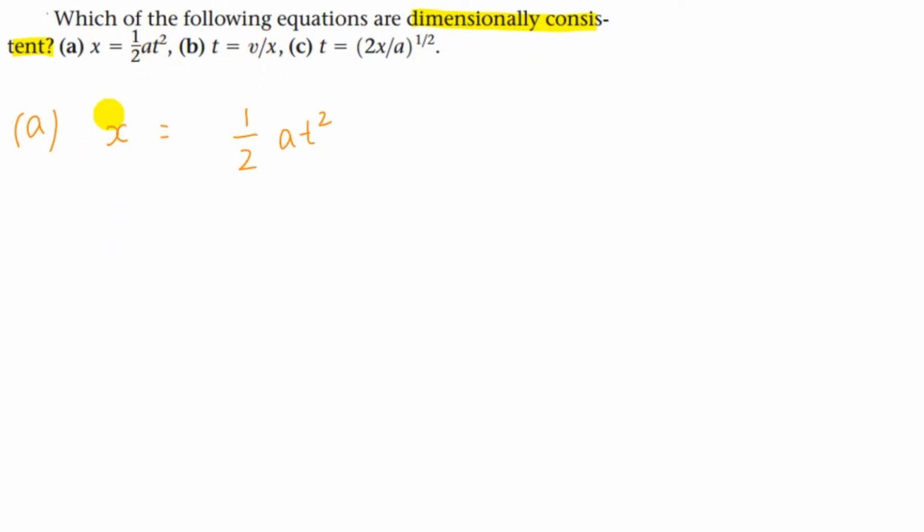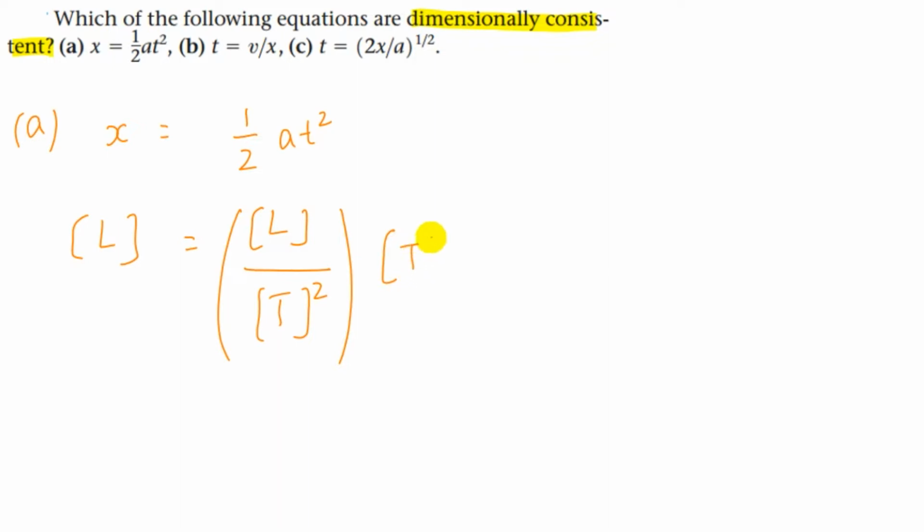So now the dimension for distance, we know it is L, so we can write L equals, now 1 over 2 has no dimension. Now a is acceleration, so the dimension for acceleration is length over t square, that we discussed earlier also, multiplied with t square. Now t means time, so the dimension for time is t, so t square.